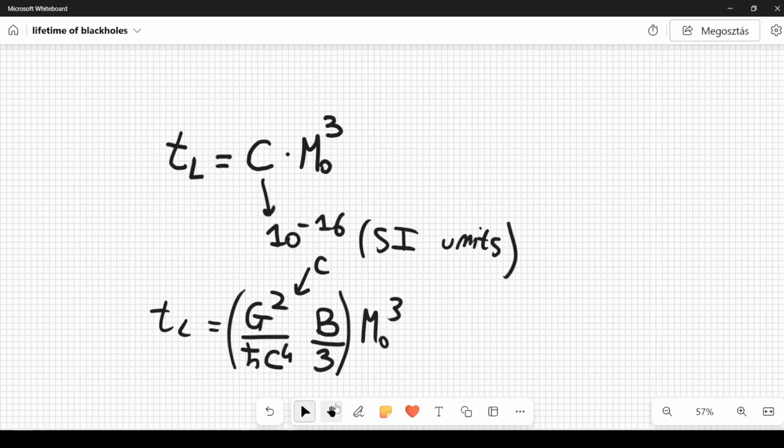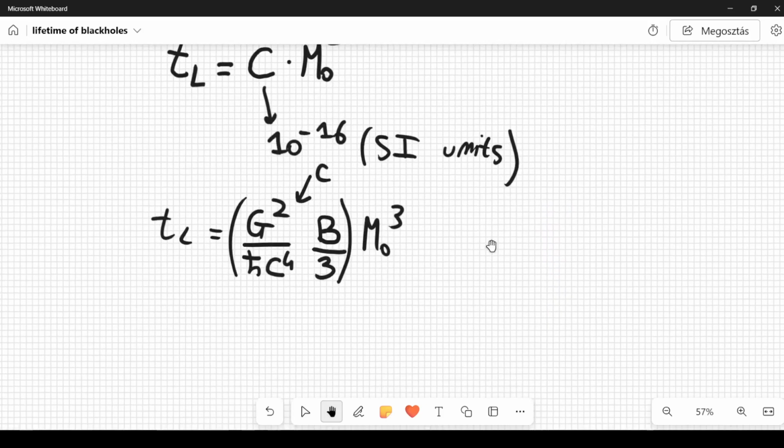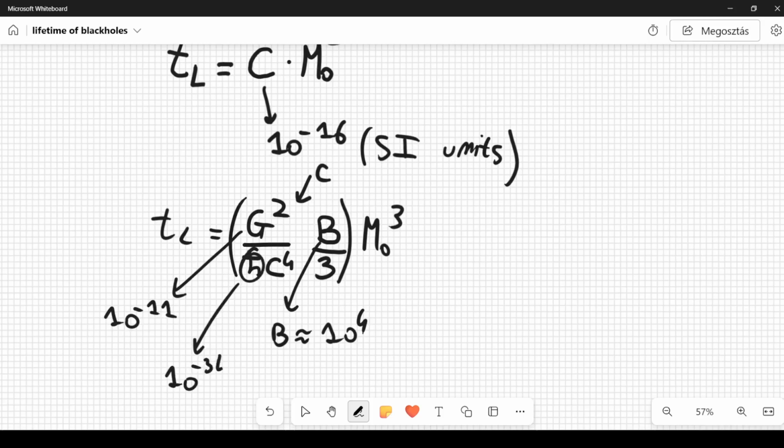This proportionality constant can be derived, as I said earlier. I will not get into the details, but if you plug in the orders of magnitude, where b is of the order of 10 to the 4 and is dimensionless, G is of the order of 10 to the minus 11, the reduced Planck constant is of the order of 10 to the minus 34, and c is of the order of 10 to the 8, then if you take all these into account, you get something like 10 to the minus 16 for C. And that's what we are really interested in here.